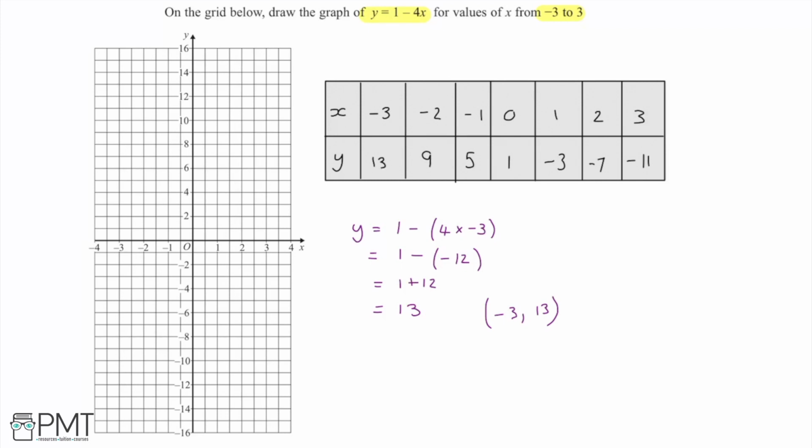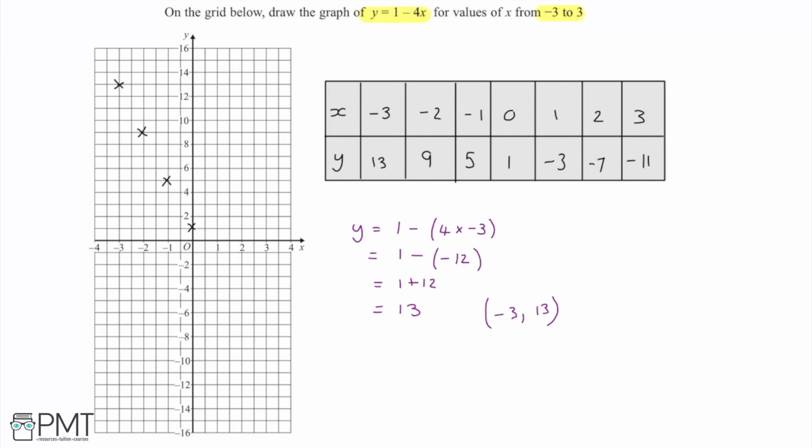So now that I've got all of these points, I can start plotting them on my graph. So when x is minus 3, y is going to be 13, and I can find that point and plot it with an x on my graph. For minus 2, it will be 9. So similarly there, minus 1 is 5, 0 will be 1, and you can already see the line emerging.